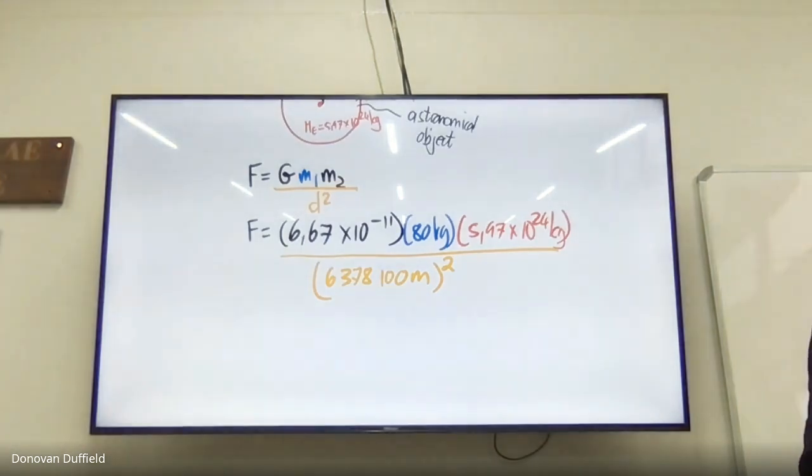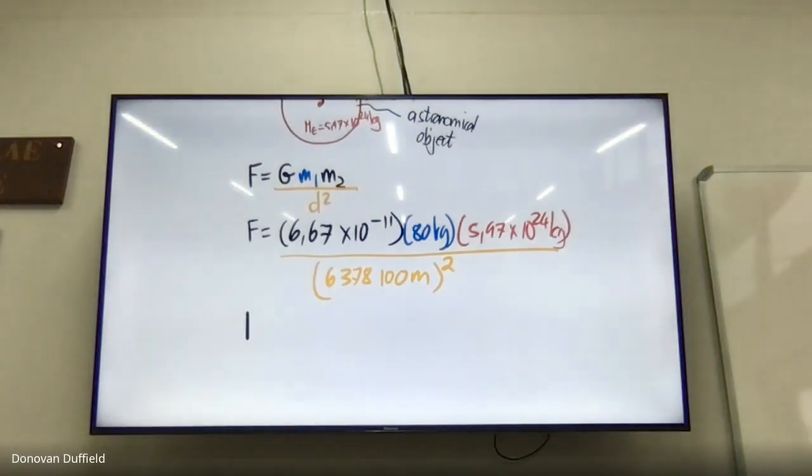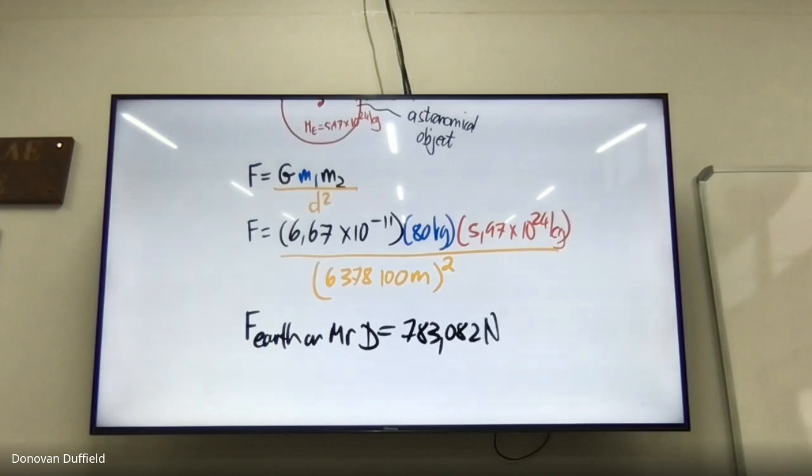Oh my word, I get my weight. The force of the Earth on Mr. D is 783,082 newtons.